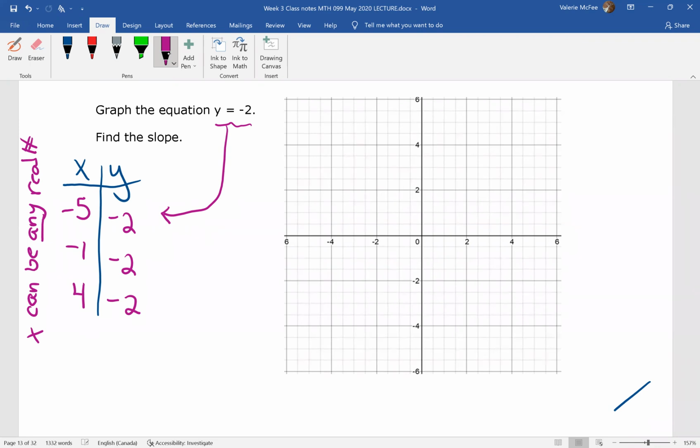So we have (-5, -2), (-1, -2), (4, -2). Did you remember that y equals c will give us a horizontal line? And do you remember the slope? The slope of every horizontal line is 0.